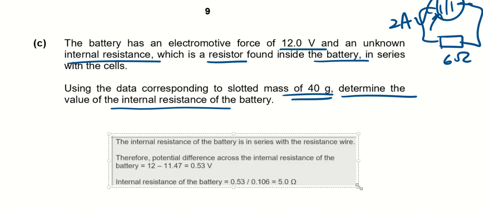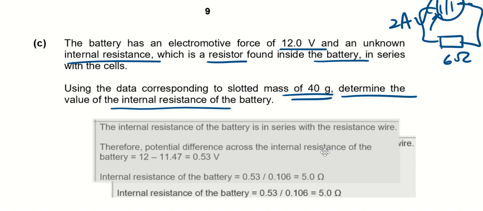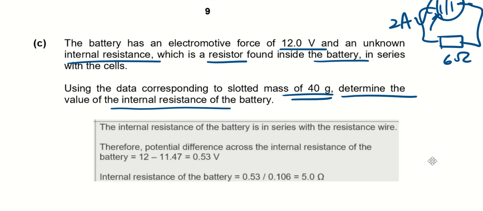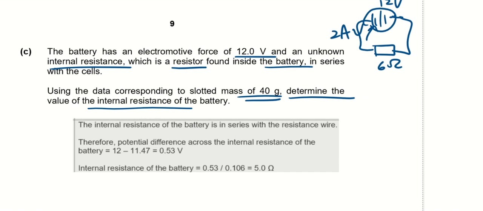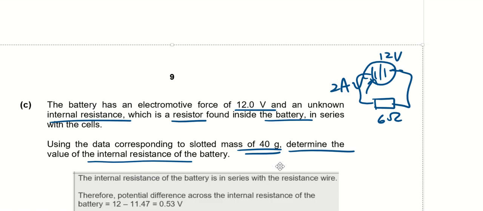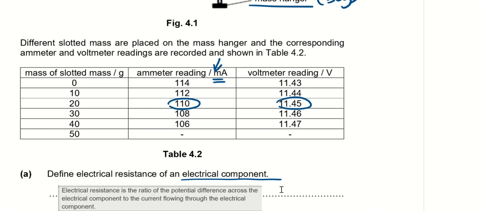Internal resistance of the battery is in series with the resistance wire. Therefore, the potential difference across the internal resistance is 12 minus 11.47. How do I get 11.47? Let's look at the 40 grams. The voltage is 11.47. If you use 11.45, which was in part B, then your answer is incorrect. You need to use the corresponding reading.